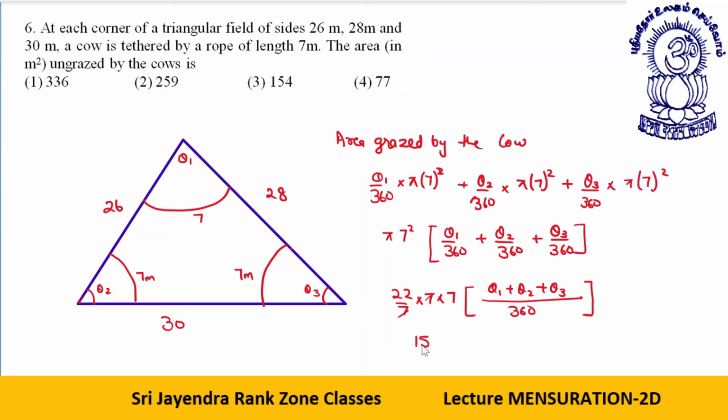This gives me 154 into theta 1 plus theta 2 plus theta 3. This is 180 degree divided by 360 degree. This gives me 154 into half. That is 77 centimeter square or meter square. This is your answer, my dear students. Okay. Should I proceed to the next one? You can have a look over it before I move further.